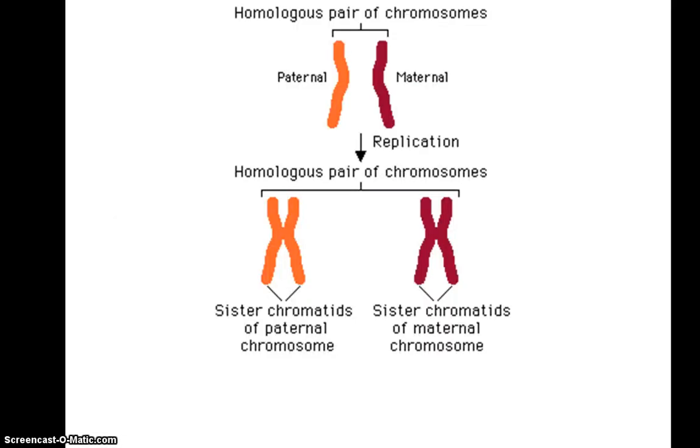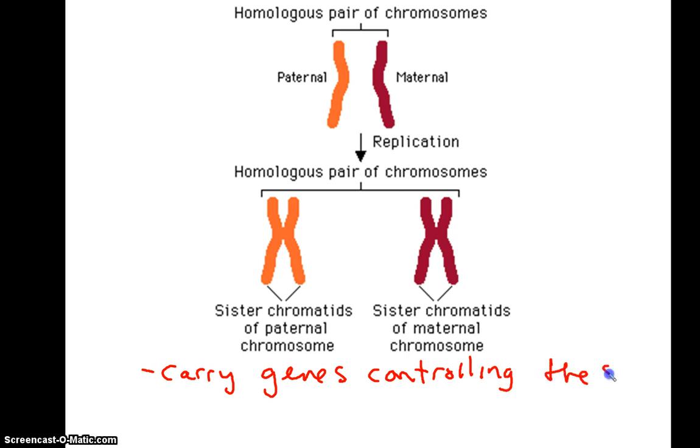Now, let's make sure that we understand this concept of homologous chromosomes and something called sister chromatids. Okay? So homologous chromosomes are going to be chromosomes that will carry genes controlling the same inherited characteristics.